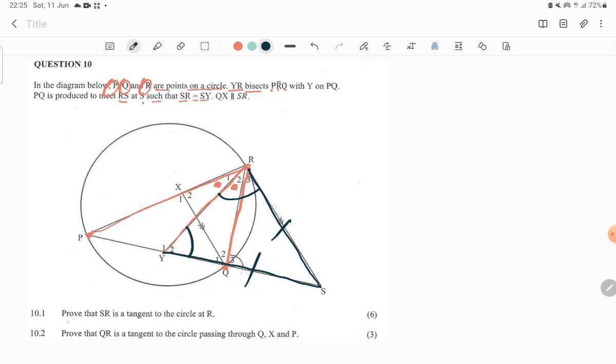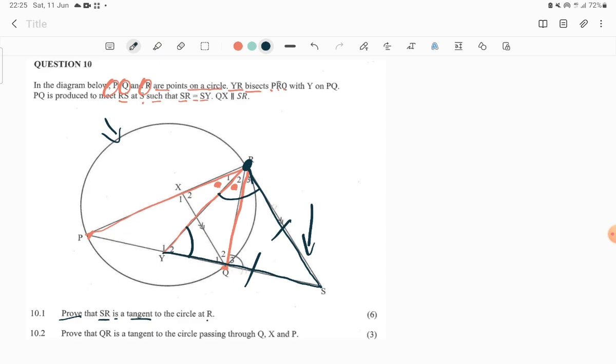The question says, prove that SR is a tangent to the circle at R. So SR, which is this line, is a tangent to this circle at R. This information was not given for a tangent; we just need to prove that SR is a tangent. When proving a tangent, what do we need to know?